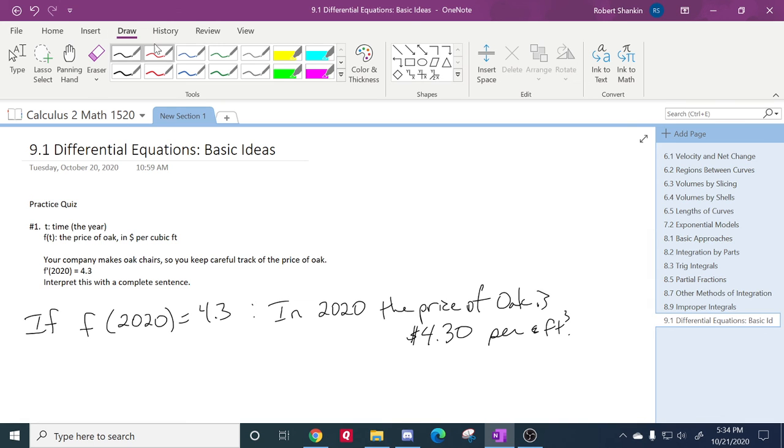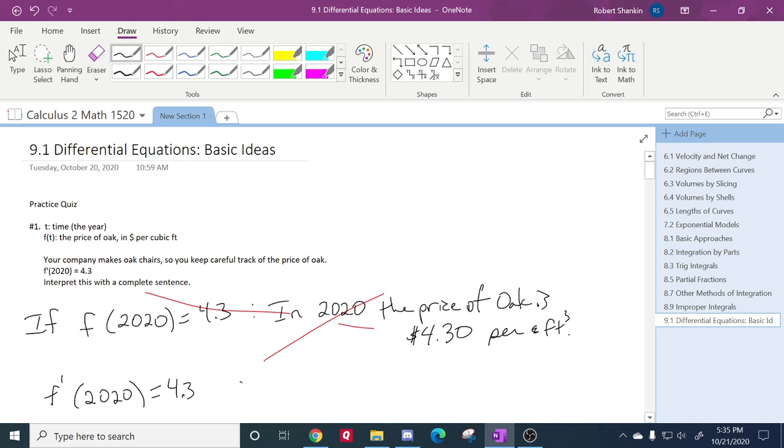But this is not what this is saying, because we didn't say this. We said f prime of 2020 is 4.3. What this means is the slope is 4.3. But if you just write the slope in 2020 is 4.3, no way a third grader can understand that. So we need to describe what that means.